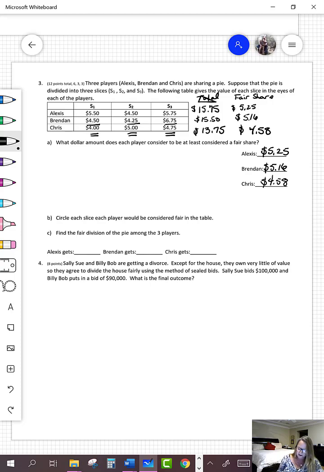So going above, we want to circle the fair share for each player. And so Alexis has to have a slice that is $5.25 or above. And so Alexis believes that slice 1 or slice 3 would be a fair share.